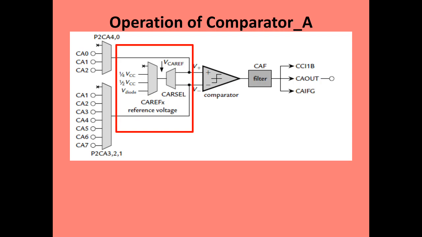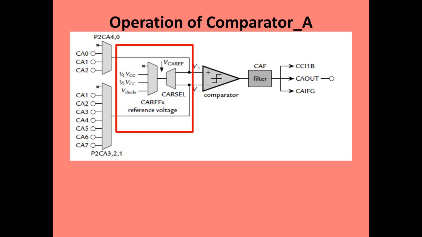And then here we have a demux. The demux provides a connection between the comparator and the output of the reference voltage multiplexer. So this demux allows the output of the reference voltage multiplexer to reach the comparator at the inverting terminal or non-inverting terminal.